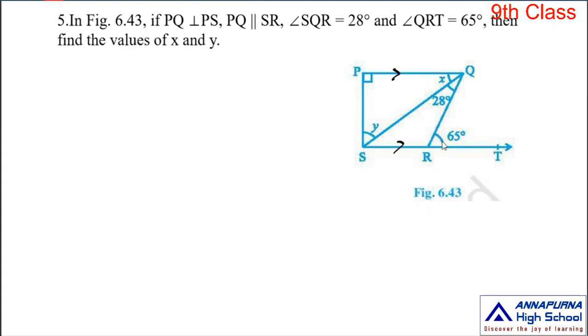This is an exterior angle. Angle QRT is equal to 65 degrees. We find the values of X, X means angle PQS, and Y. Y means angle PSQ. Start the solution.